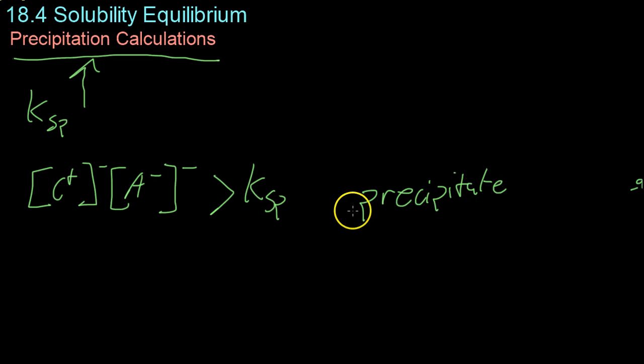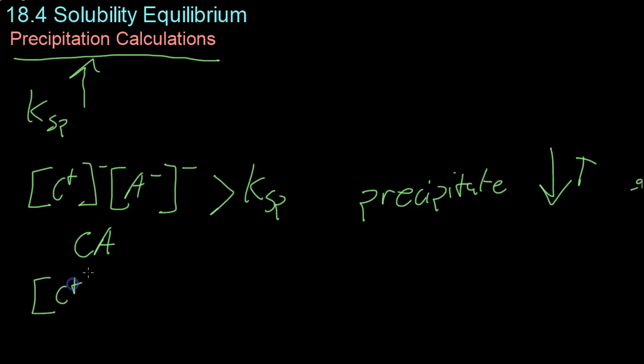This can often happen if you mix the solution at a high temperature and then you decrease the temperature. Then the Ksp will usually decrease as well, and you'll shift the equilibrium back to the left, and you'll end up with a precipitate of this general compound, cation anion.